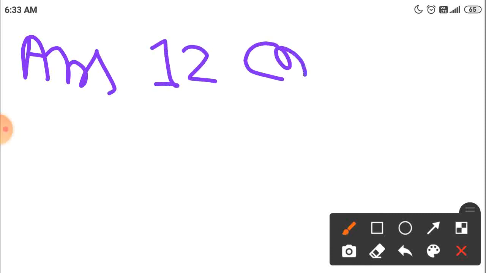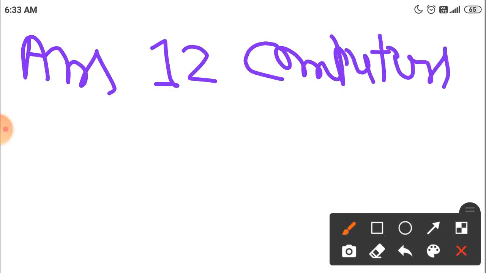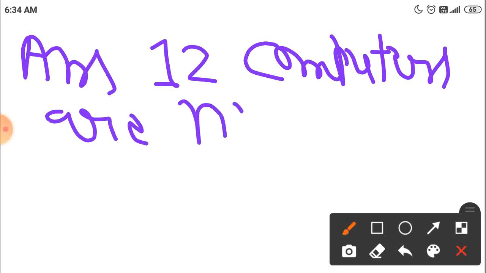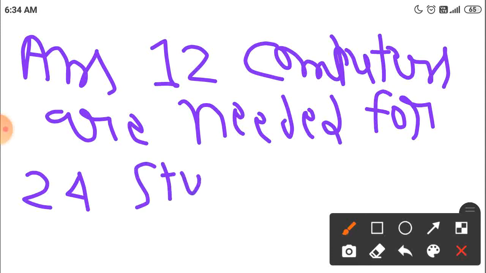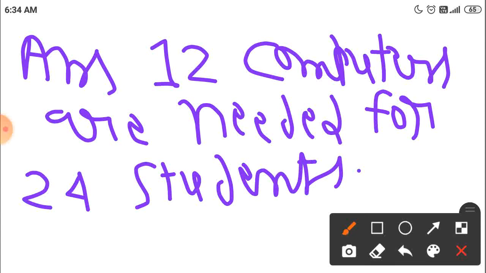In the answer we can write, 12 computers are needed for 24 students in a computer lab.